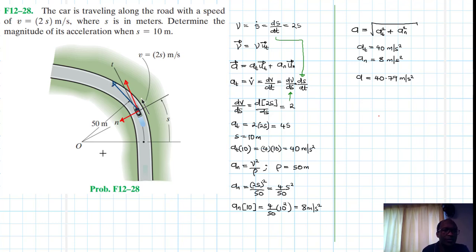So let's call this one here A, this one a_t, and this one a_n. And then let's outline the final solution, which is this one here.